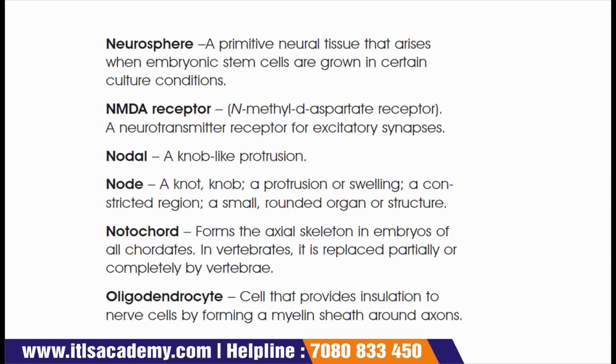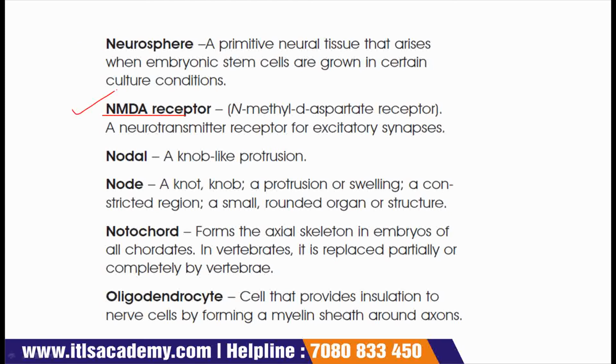Coming to the next term, that is a neurosphere. Neurosphere is a primitive neural tissue that arises when embryonic stem cells are grown in certain culture conditions. Next term is NMDA receptor.